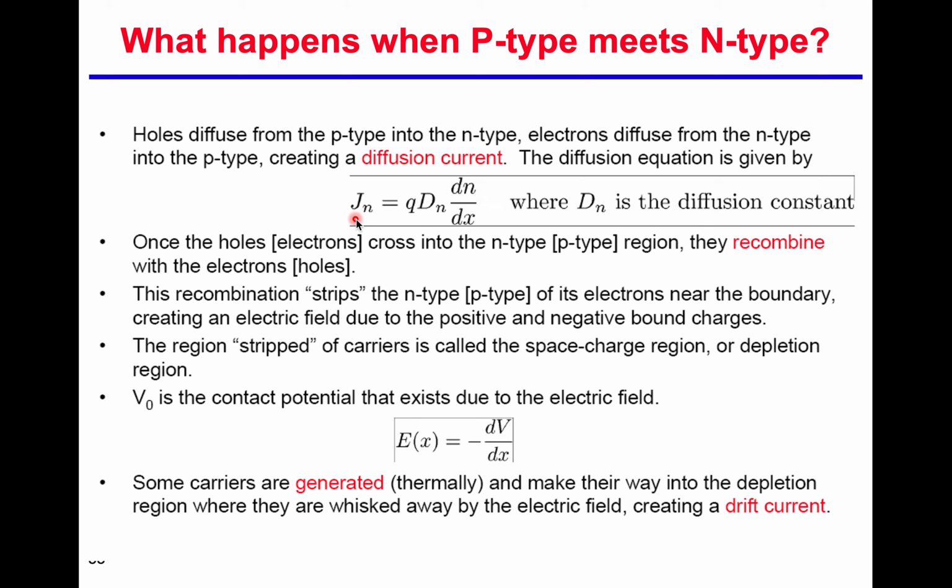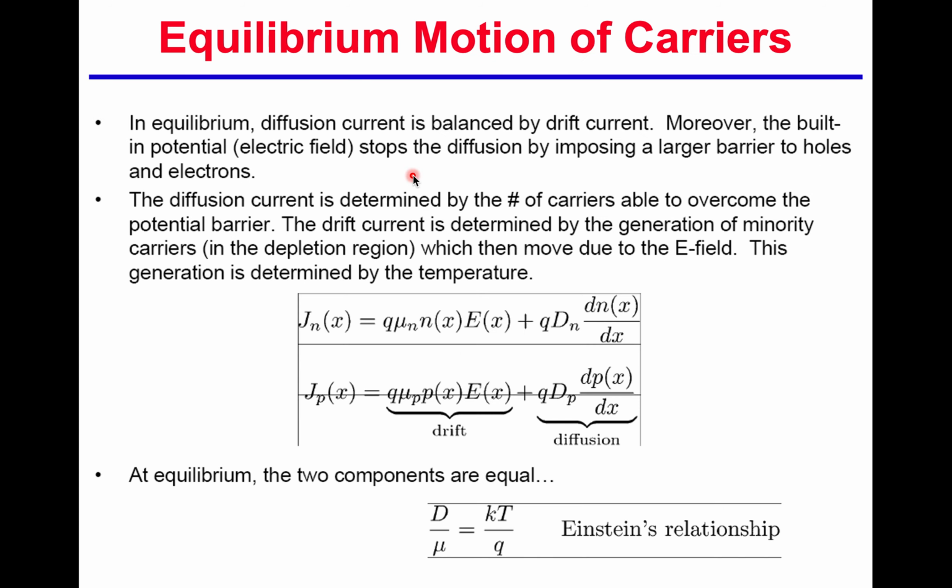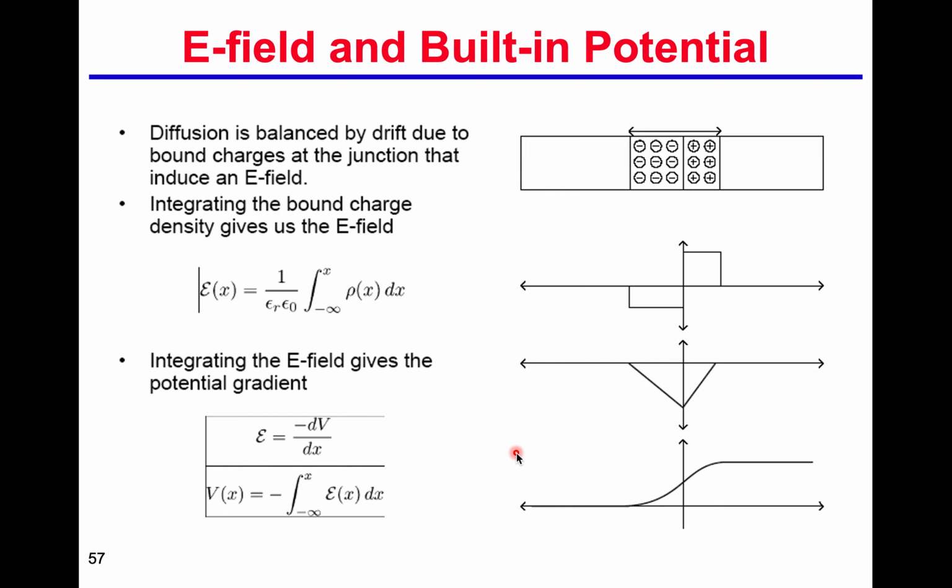From the higher concentration to lower concentration, we call that the diffusion current. And the other thing is the electrons will respond to the electric field. We call that the drift current. So we can write the equation of the electron current and hole current based on the drift contribution and the diffusion contribution. We call that the drift diffusion equation, or the current equation.